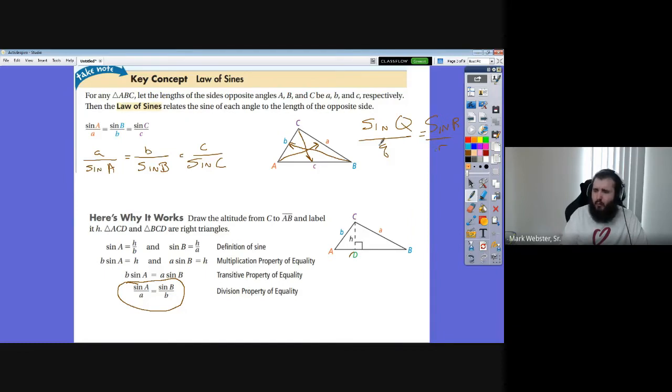It doesn't matter what they are. All you have to know is that the angle side pair match, and they match here, and then the angle always goes in the sine, and the side always goes by itself here. All right? So if you can keep those things in mind, you're always going to be okay.